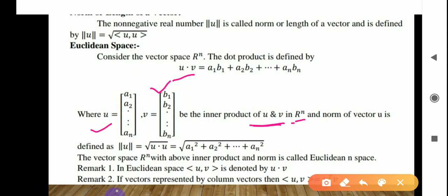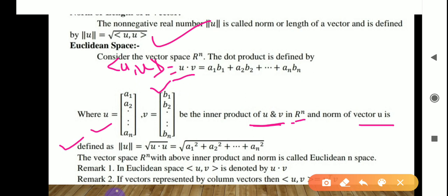And the norm of vector u is defined as norm u is equal to, which I explained here, the square root of u dot u, and the square root of u dot u means this is the inner product of u, u.